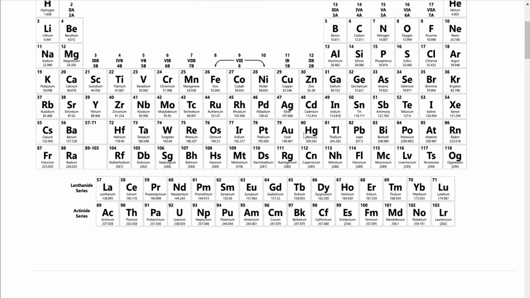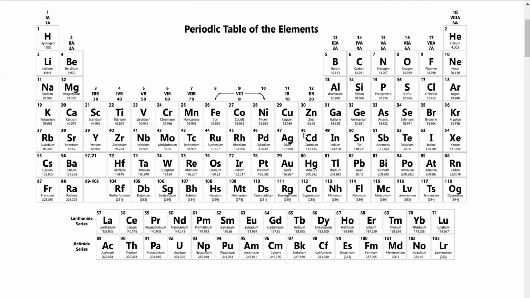Example question 1, what is the atomic mass of nitrogen? So we go back over to our periodic table, we find nitrogen, and the atomic mass or mass number is always the number at the bottom on the periodic table. So nitrogen, the bottom number says 14.007. So the atomic mass or mass number for nitrogen is 14.007.